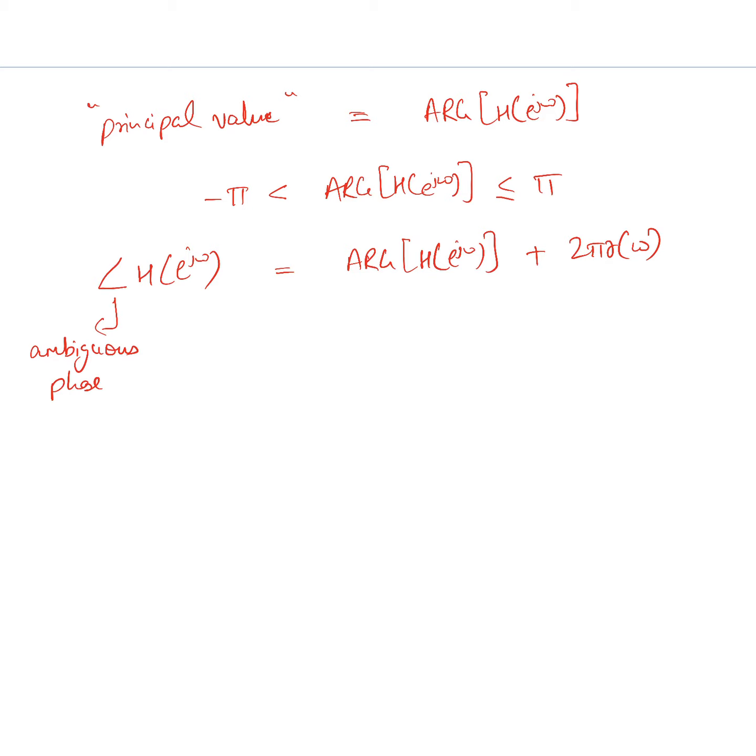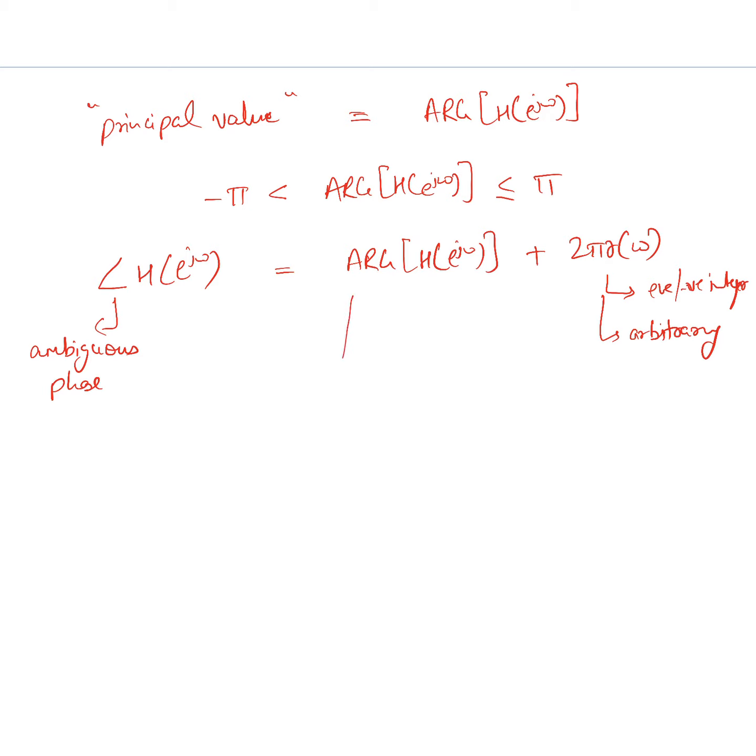And the function r, which we have introduced here, r of omega, first of all it would be either a positive or negative integer, right? And second, it would be arbitrary. The integer would be arbitrary, but we add it as 2 pi r of omega, which would be a function of omega.